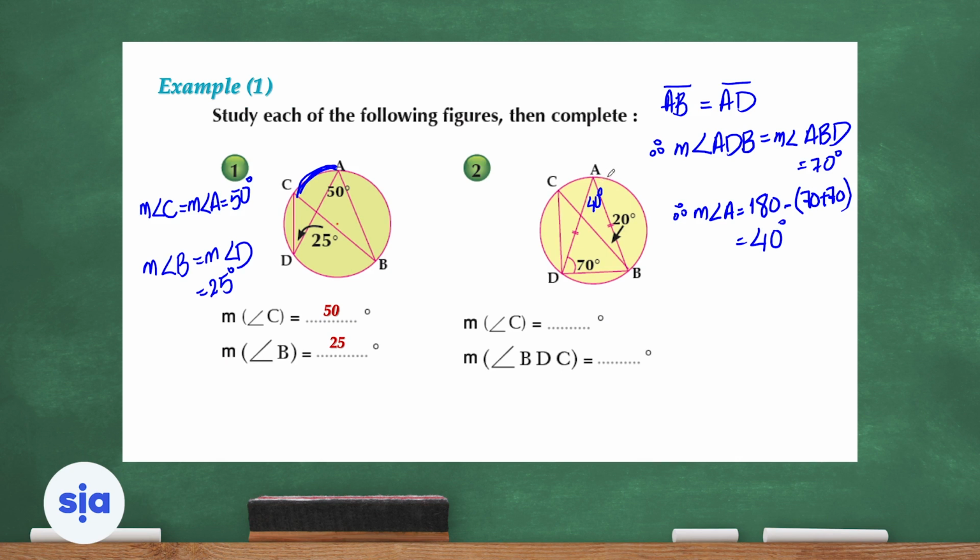Angle A is an inscribed angle, and its subtended arc is BD, where angle C is another inscribed angle with the same subtended arc, BD. Then angle C and angle A are two congruent angles, so angle C equals 40 degrees.